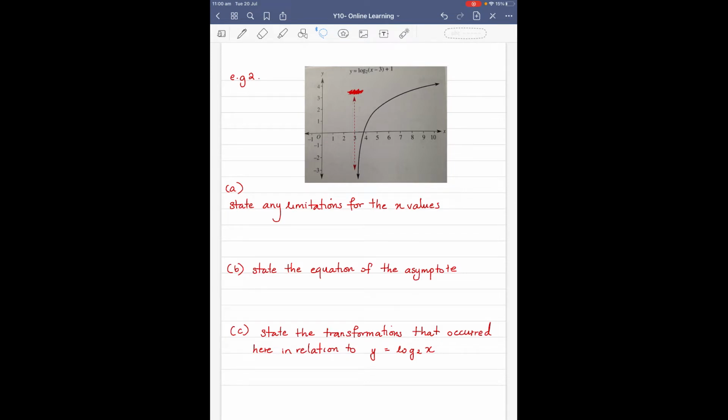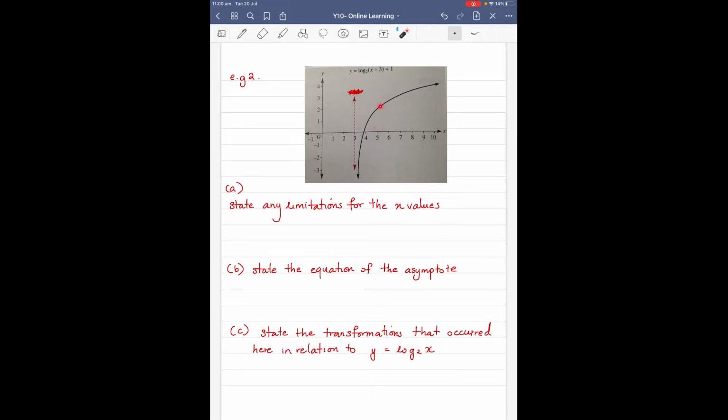So looking at the x value, what we can see here is that along this graph, from the back of 3, there are no x values. So there's no graph whatsoever happening at the back. But from here onwards, the graph exists. So when x is 4, the graph exists.